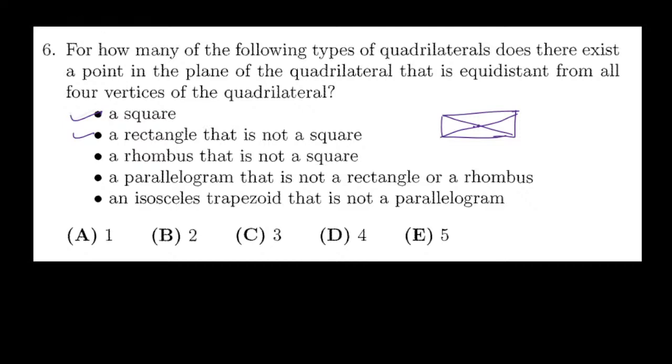Now in case of an isosceles trapezium, it may be possible that the diagonals are of equal length. When the diagonals are of equal length, then definitely the 4 vertices are at equal distance from the point of contact.